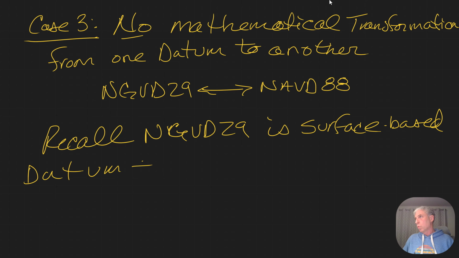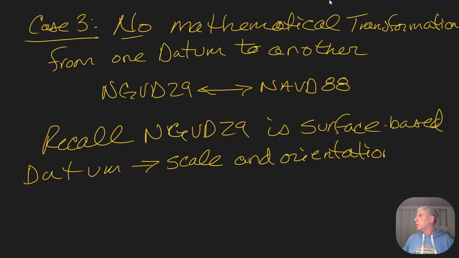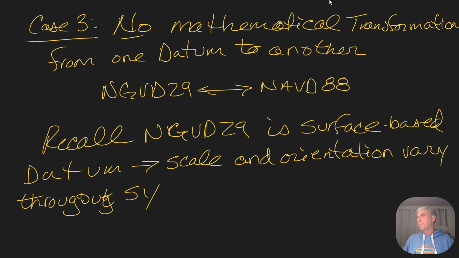So what that means is that scale, point scale, and orientation vary throughout the system from point to point.